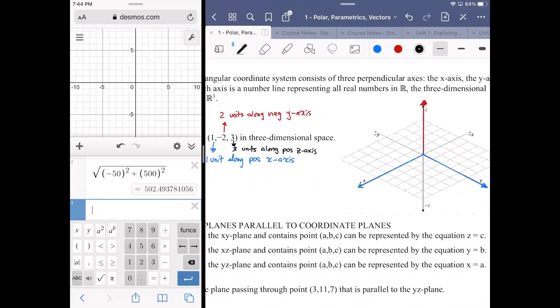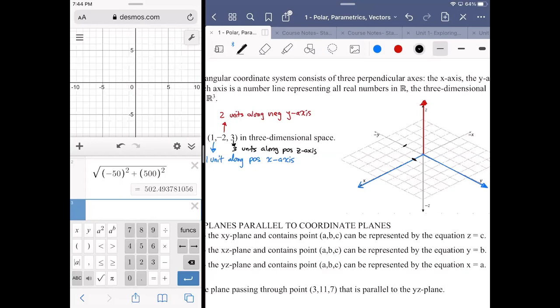So the coordinates. I have 1 unit along the positive x-axis, that would put me right here. 2 units along the negative y-axis, so that would put me right here. And 3 units along the positive z-axis, which is the trickier part, so sit tight on that, all right?